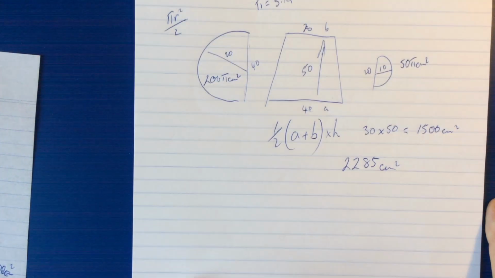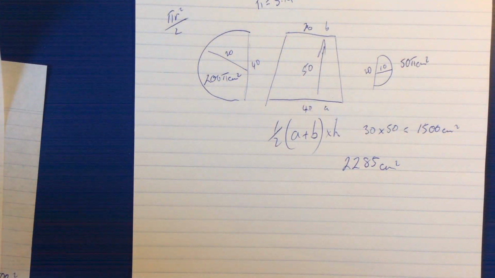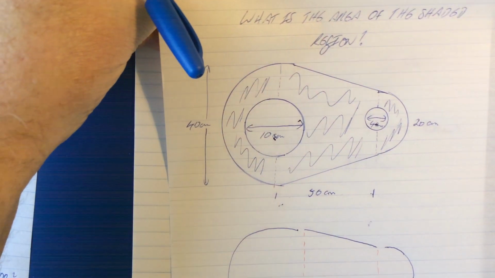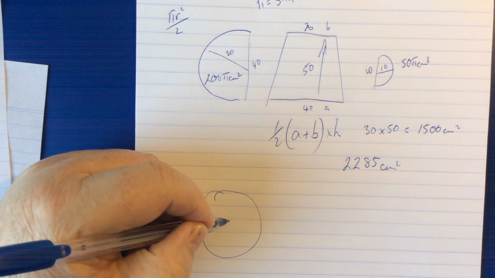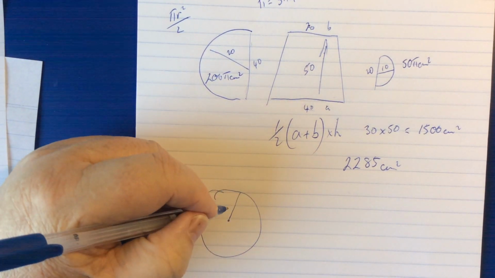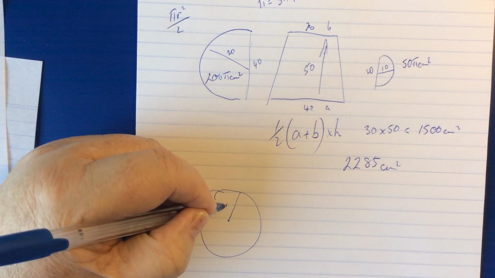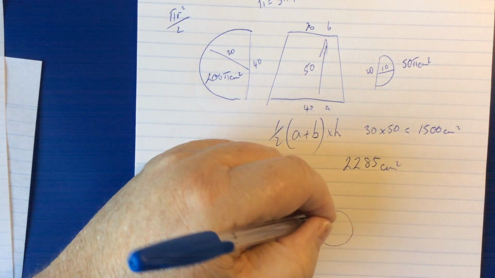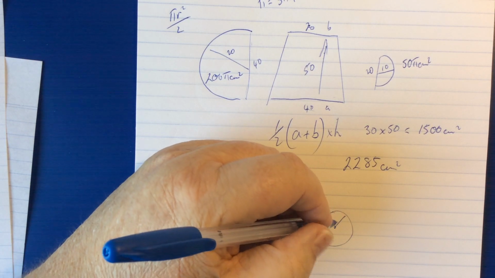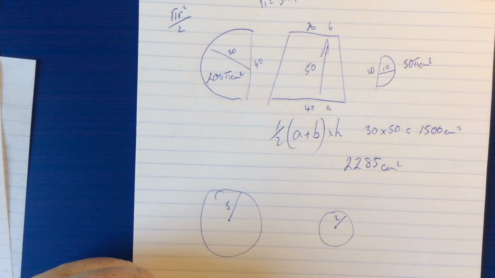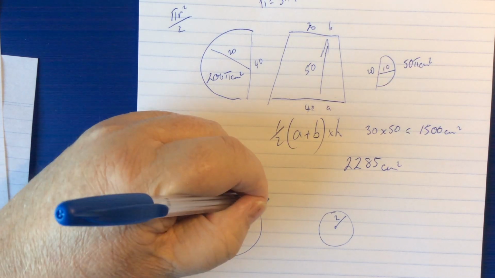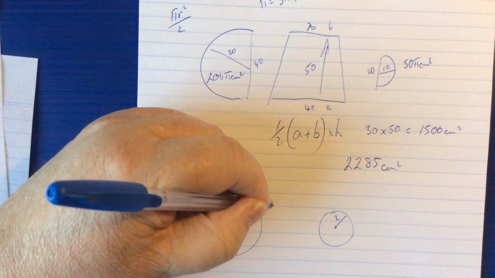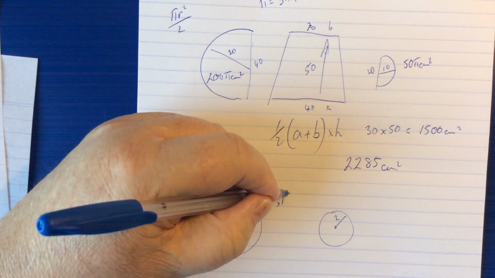That's the basic shape. But remember, we have two circles to take out of that. Circle 1, which is very badly drawn but nevertheless will do, has a diameter of 10, so a radius of 5. And circle 2 has a diameter of 4, so a radius of 2. This is going to be pi times r squared.